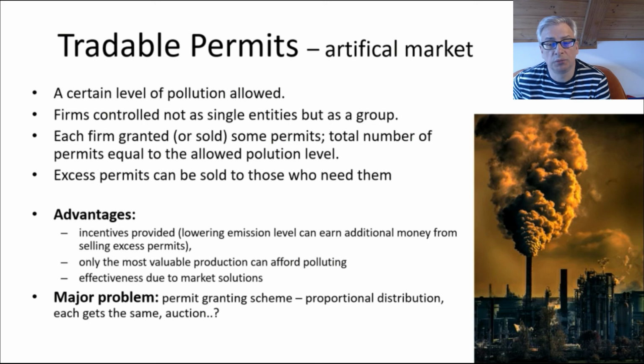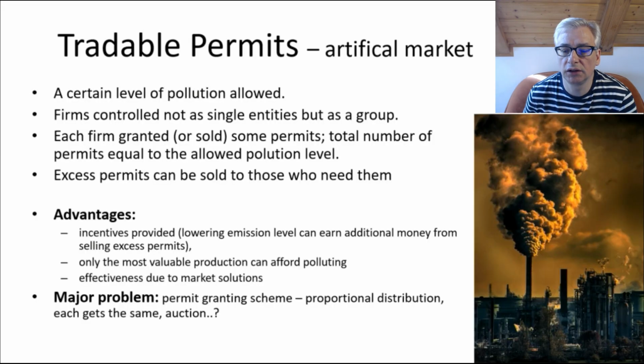We can issue permits for them, and we can give those permits, or we can sell those permits to them. Everyone gets a permit allowing them to emit 80% of what they emitted so far. So what happens next?